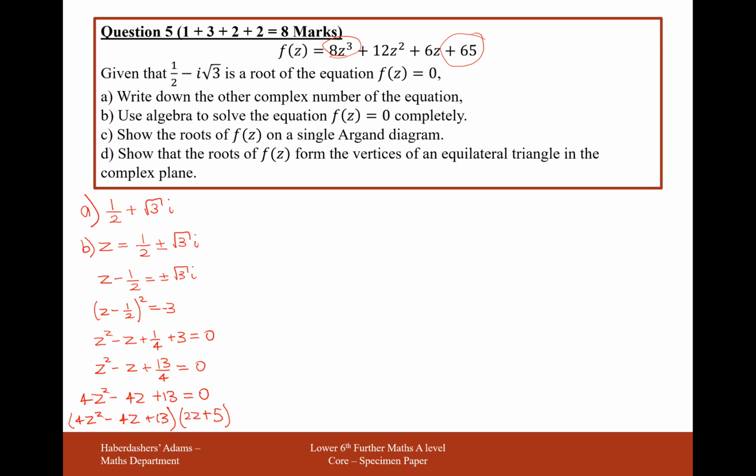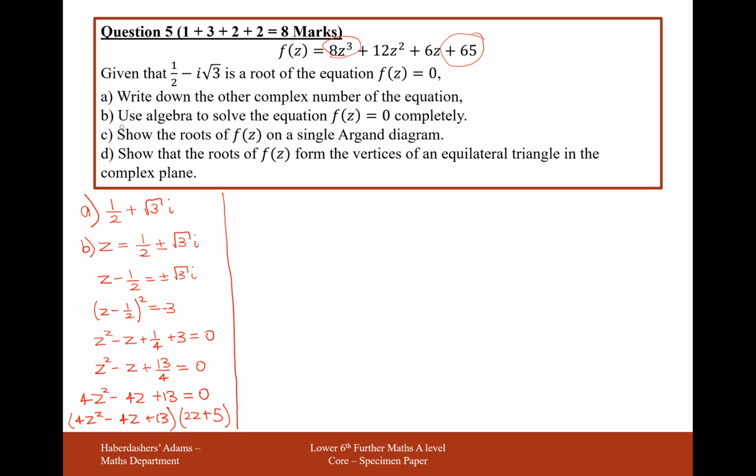Let's just do a mental check for 12z squared. So I'm going to have 4z squared times by 5, that's 20z squared, and minus 4z times 2z, that would be minus 8z squared. So that will give me 20z squared minus 8z squared will give me 12z squared. And you can do the same thing for 6z as well.